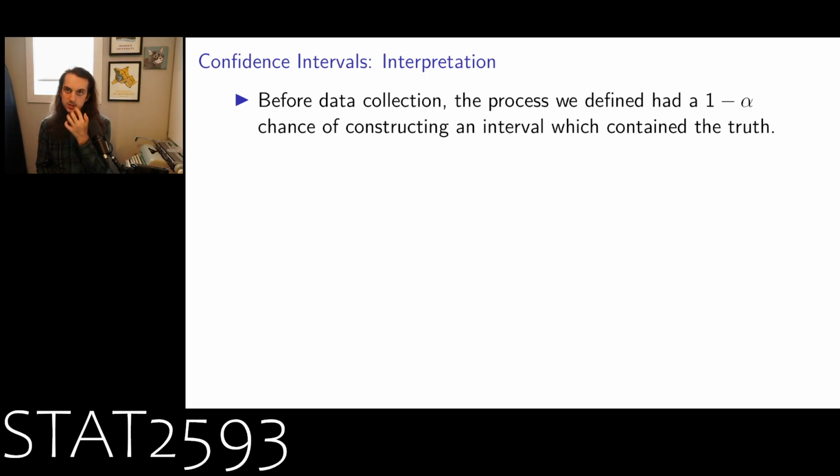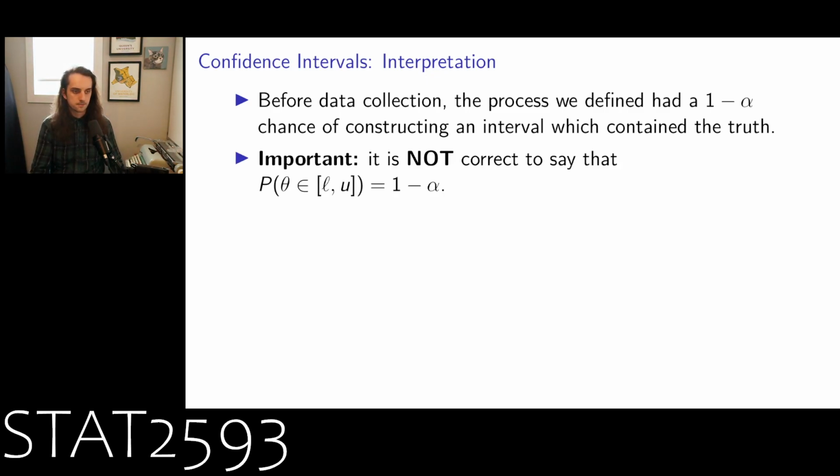What do we mean by that? We took an interval that we knew there was a 1 minus alpha chance of the estimator falling in, and we inverted that to say something about the true parameter values. Because of that, before any data has been collected, there's a 1 minus alpha chance of constructing an interval that contains the truth.